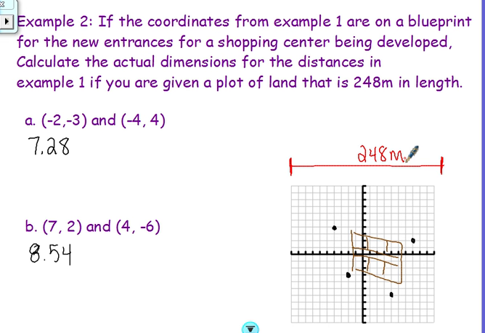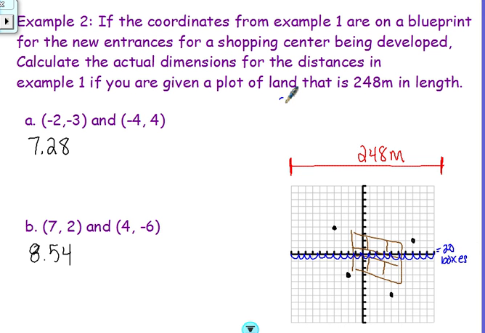To do that, we have to know how wide our blueprint is. So if we count, there are 10 boxes this way, and 10 boxes this way. So we have a total of 20 boxes on our grid.